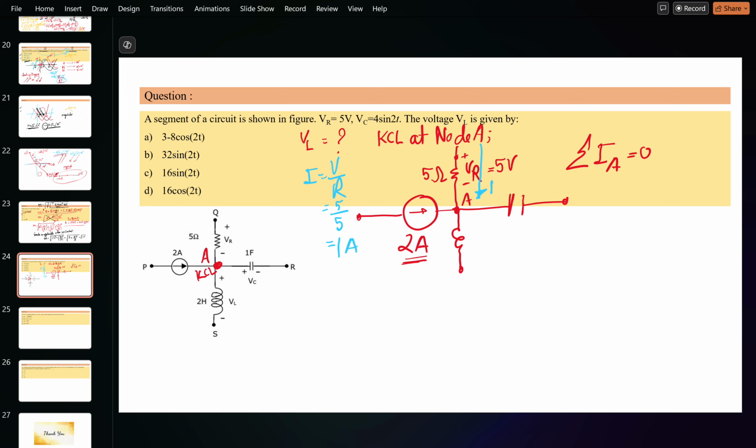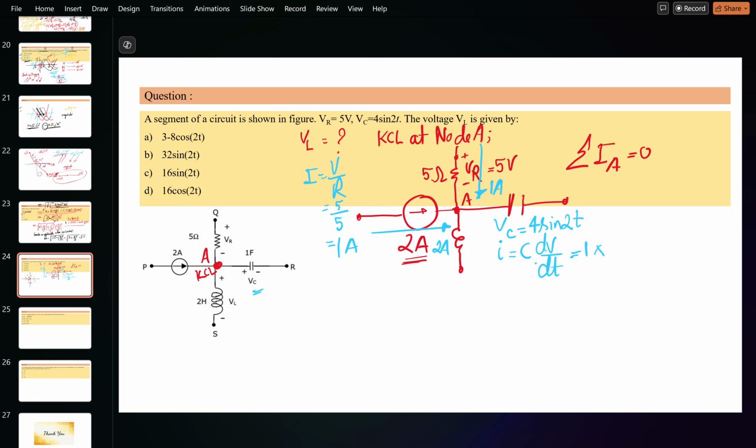So 1 ampere will flow like this, and 2 ampere is flowing like this. If you see the capacitor voltage, VC is given as 4 sine 2t. So the current will be I equals C dV by dt. C is given, C is 1 farad.